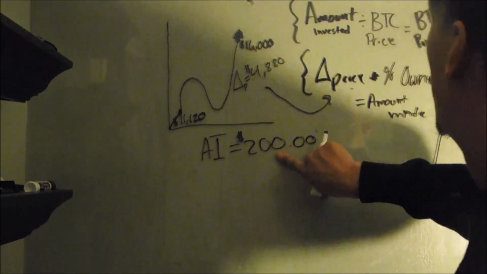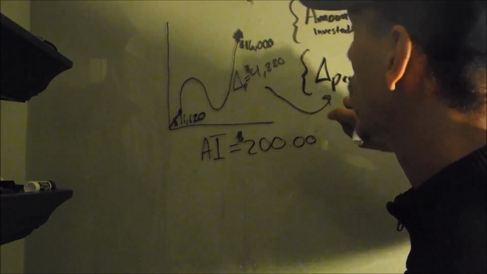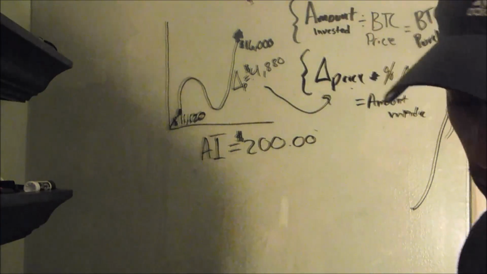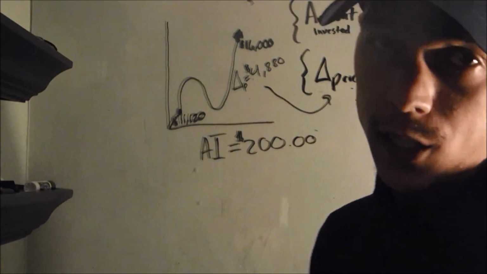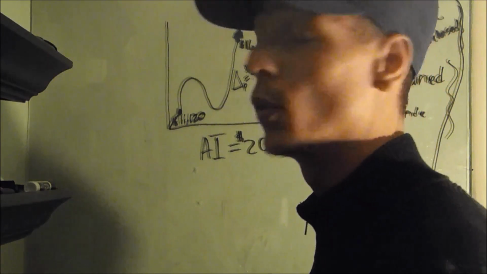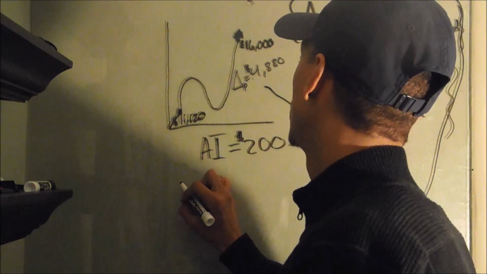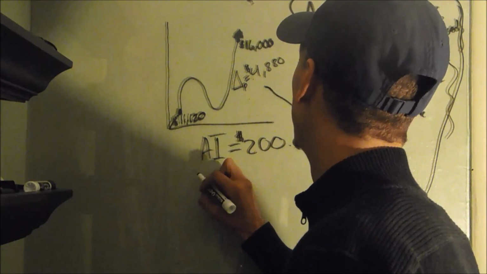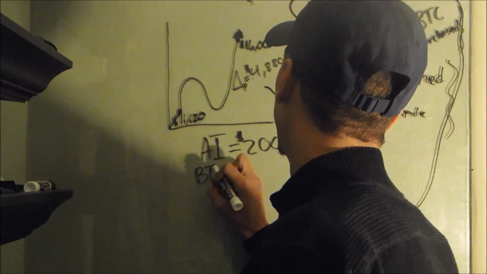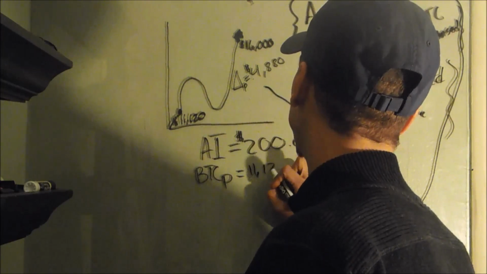Now we're basically saying our $200 divided by the price of Bitcoin at the current moment, which is 11,120, came out to be 0.0179, so basically 1.79%. For the first formula, since we have the Bitcoin price, we'll write that down: Bitcoin price is equal to $11,120.